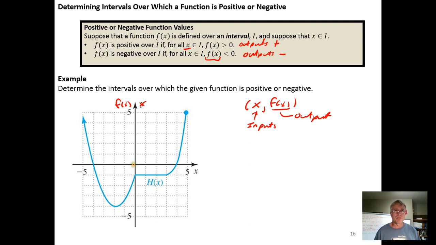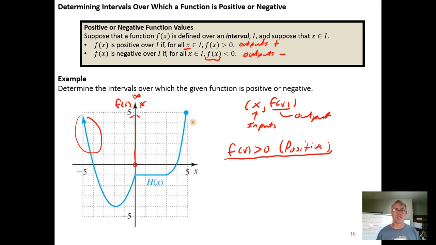To be positive, I wouldn't include the 0, and any numeric result above the x-axis will be a positive result, because as we move up the y-axis, we're moving towards infinity. So if I'm asking when f of x is greater than 0, I'm asking when the outputs are positive, and that occurs anytime the graph of the function is above the x-axis.